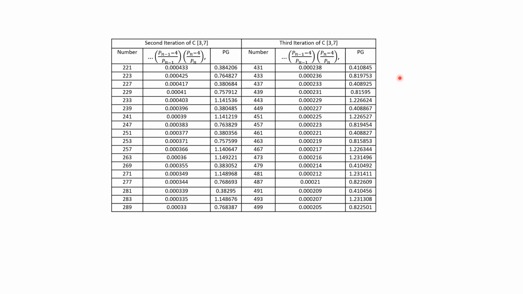This is the second and third iteration of the cycle of 3 and 7. And we have here the empty boxes per gap in this column and in this column. This is the second iteration, this is the third iteration. Here are the potential prime numbers. If we pick the corresponding gap from one iteration to the other, so this is the first gap, 221 to 223, and this is the first gap of the third iteration, 431 to 433.